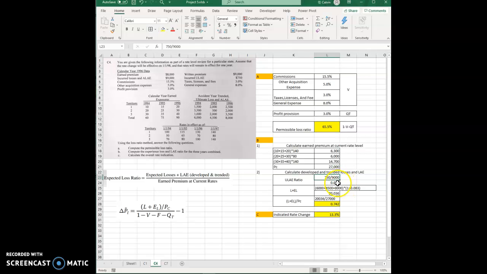We get the ratio 0.083, and to find the expected losses and LAE, we use the accident year trended ultimate loss and ALAE.